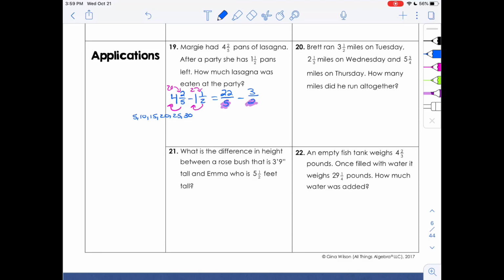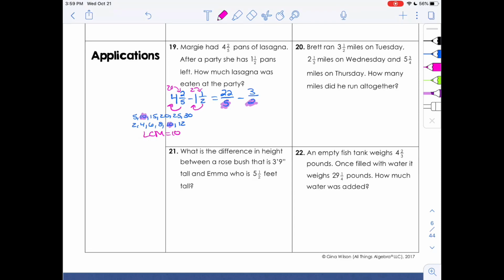My multiples of 2 are 2, 4, 6, 8, 10, 12. Comparing these two lists, I can see the smallest number they have in common is 10. So my least common multiple equals 10. So 10 is going to be my new denominator.